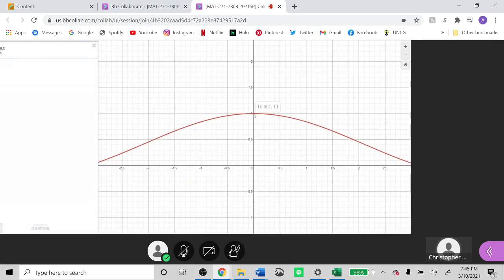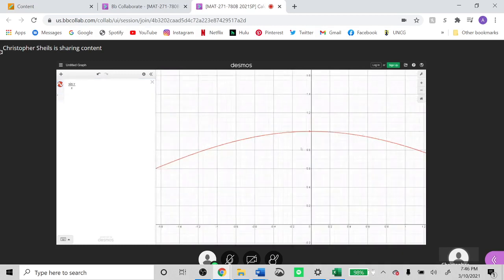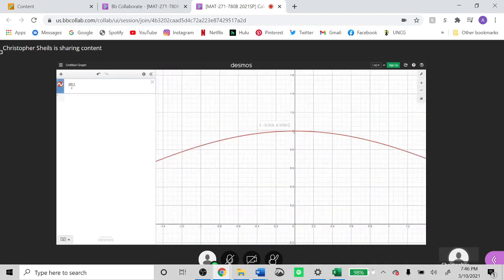Notice that at x equals 0, our function is undefined, right? But what y value is this really close to? 1. It's really close to 1, right?